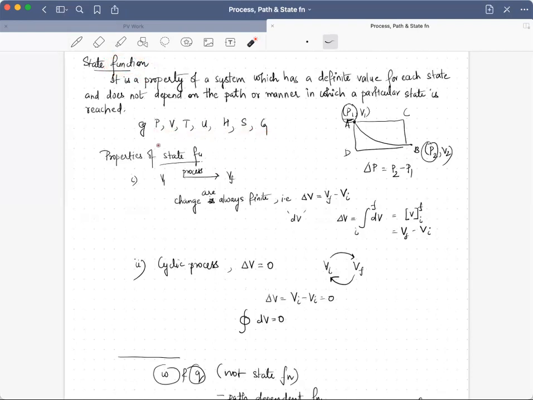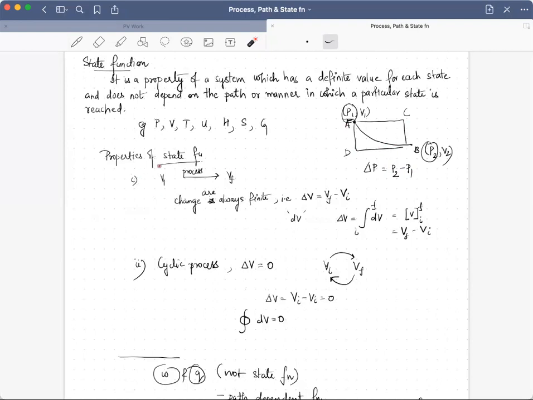All these are state functions. So they depend only on the initial state and the final state. They are not dependent upon which path you have taken to reach that change in state. So such functions are referred to as state variables.